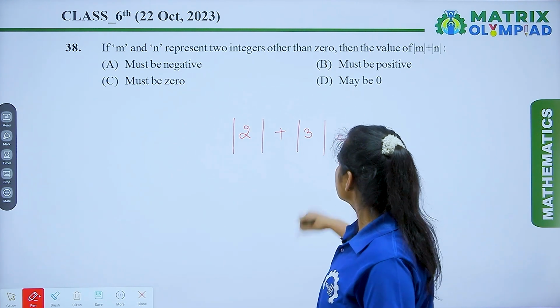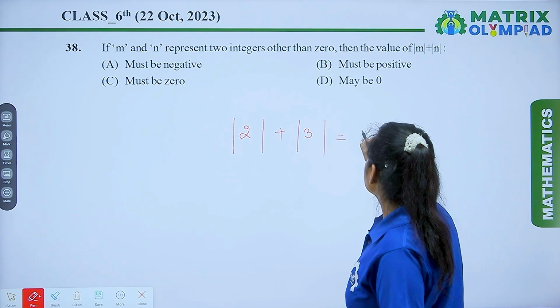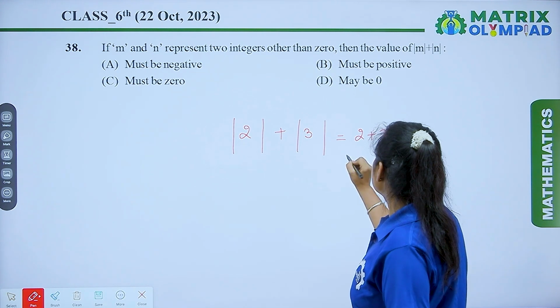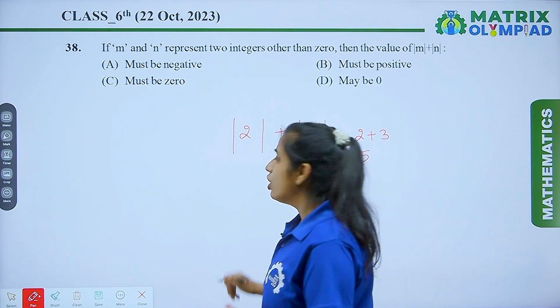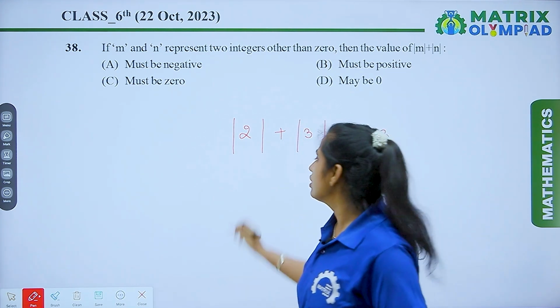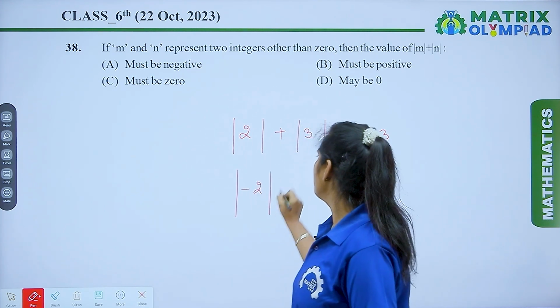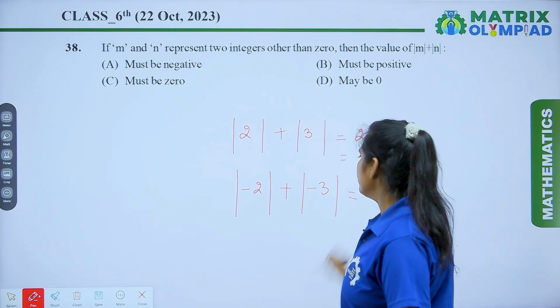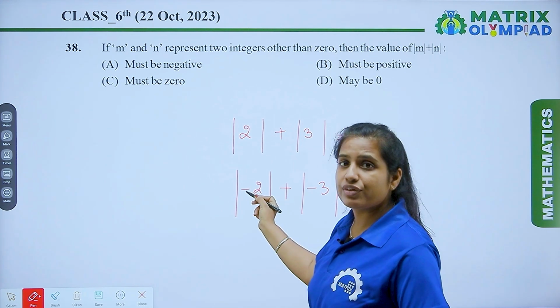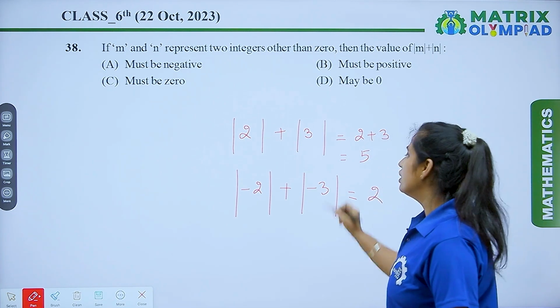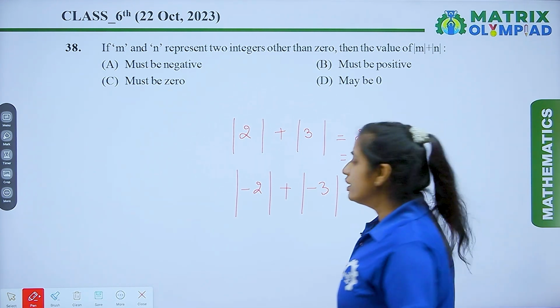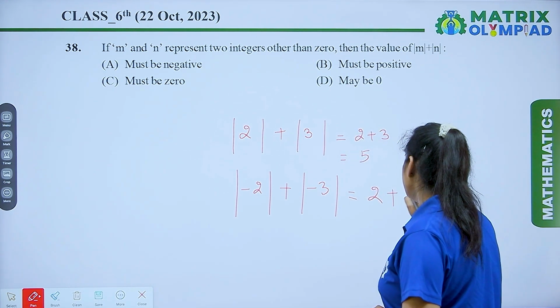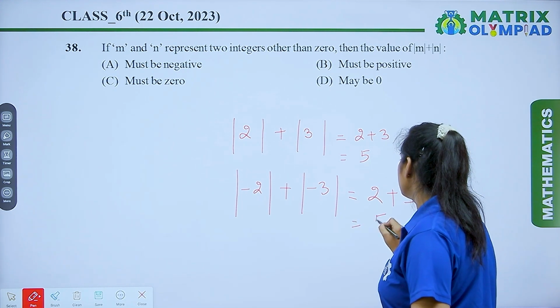So the answer will be 2 plus 3, that is equal to 5. Or if we take the integers like negative 2 and negative 3, then the absolute value of negative 2 is 2, absolute value of negative 3 is 3. So here 2 plus 3 is also 5.